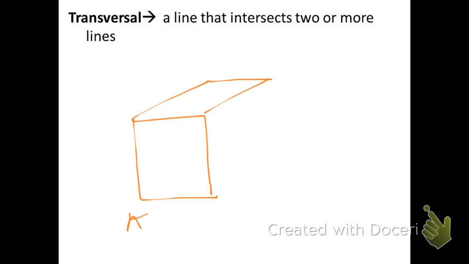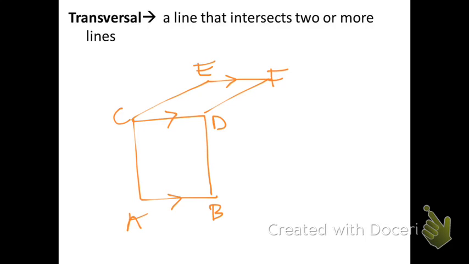And I labeled this A, B, C, D, E, F. We talked about how EF and CD were parallel, and also EF and AB were parallel because we could draw a plane through EF and AB, and they would be in the same plane.